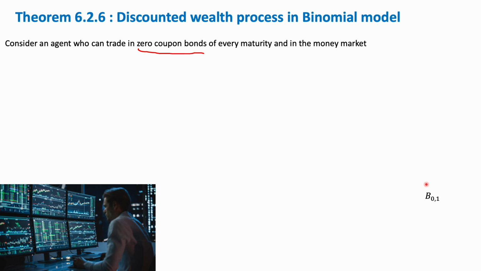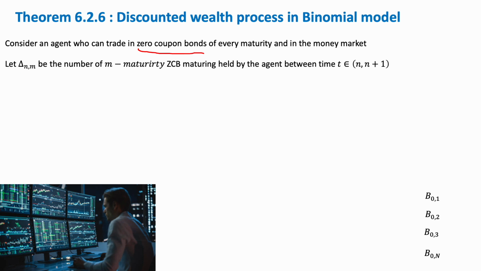He can decide to trade in B01, which is basically the price today of a zero coupon bond that pays $1 at time 1. He can also decide to buy B02, a zero coupon bond that matures at time 2, and then B03 up to B0n, a set of n zero coupon bonds that he can trade in. And he can short them, he can be long some of these bonds, anything he wants.